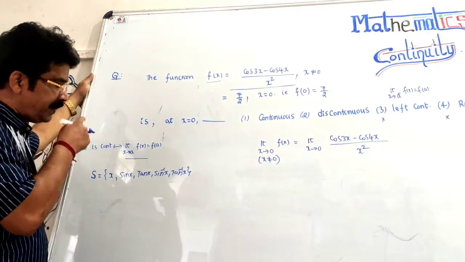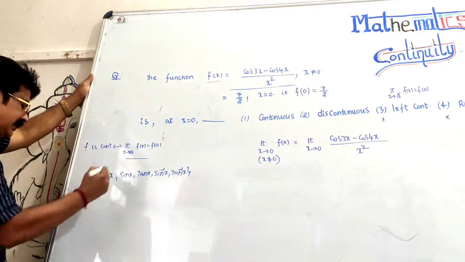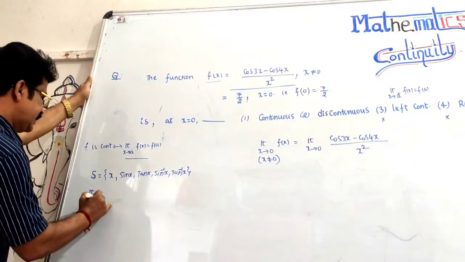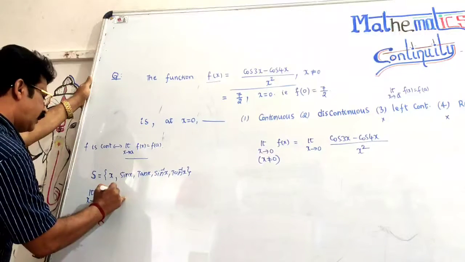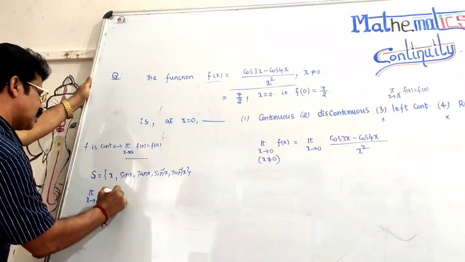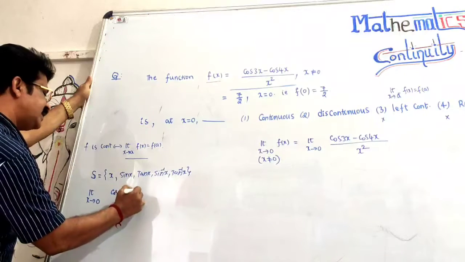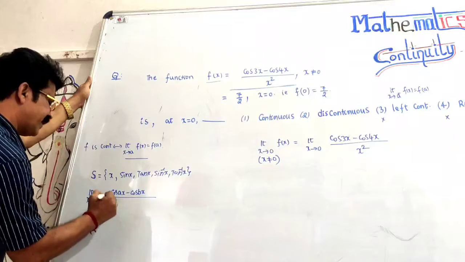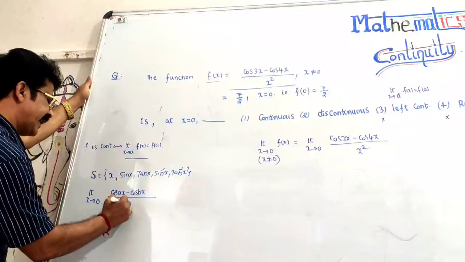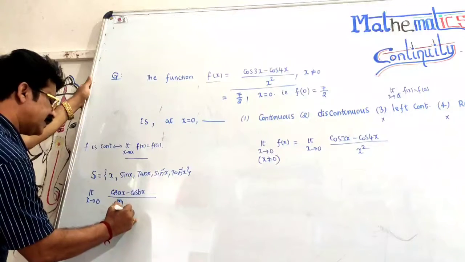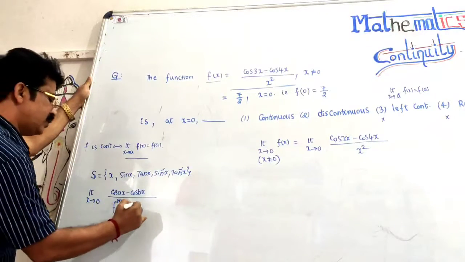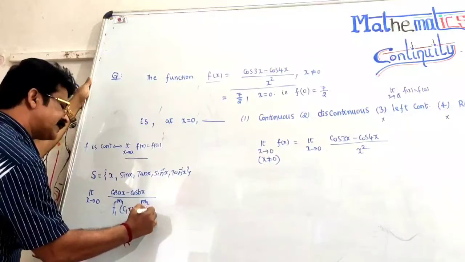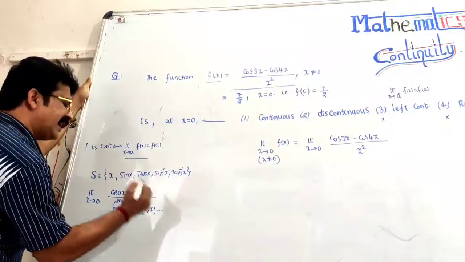These functions belong to S, and particularly limit x tends to 0. For example, cos ax minus cos bx divided by first function f1 of c1x to the power of m1, into second function f2 of c2x to the power of m2, will be like that.